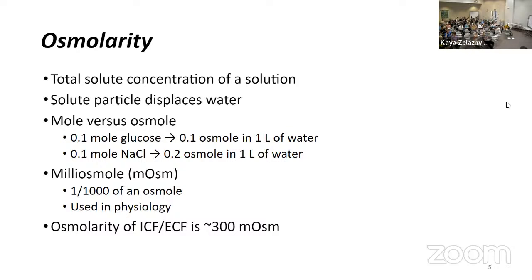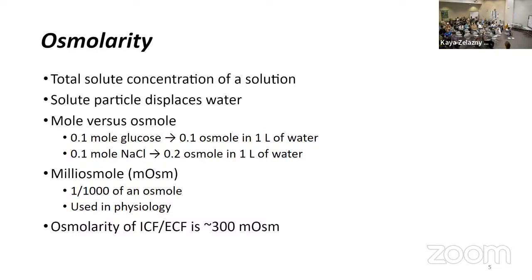So when we are talking about water and solute in physiology, we do get a little bit more specific. We talk about osmolarity, and we talk about osmolality later on. We're going to give numbers using this osmolarity for a lot of different tissue types to express their total solute concentration.